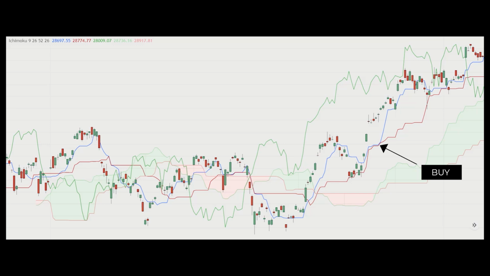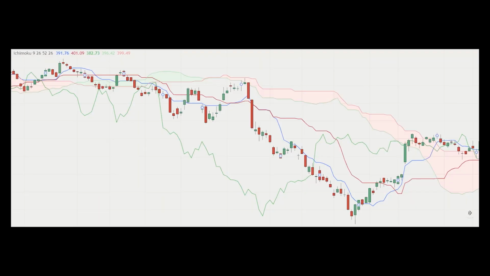Now to confirm the buy signal, you need to see three things. The two lines and the price should be above the cloud, as well the lagging span, which is the green line, must be above the price. On the other hand, if the cloud is red, you want to see the blue line cross below the red line. This would signal a sell entry.